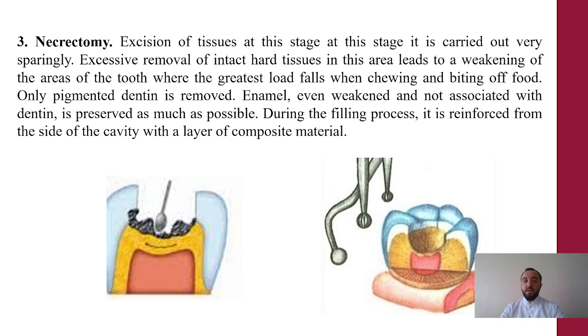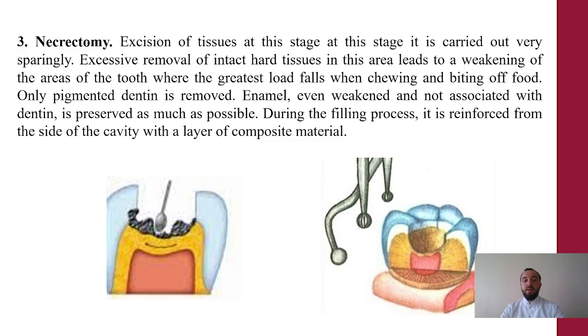Only pigmented dentin is removed. Enamel, even weakened and not associated with dentin, is preserved as far as possible. During the filling process, it is reinforced from the side of the cavity with a layer of composite materials.